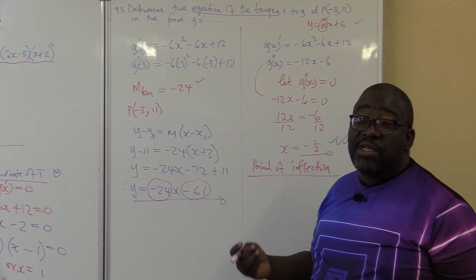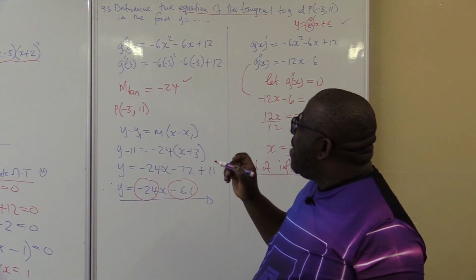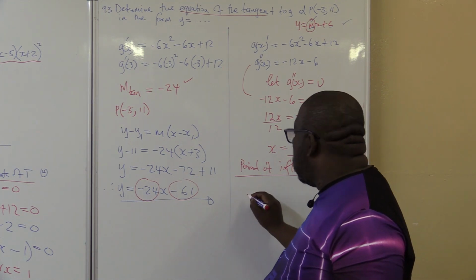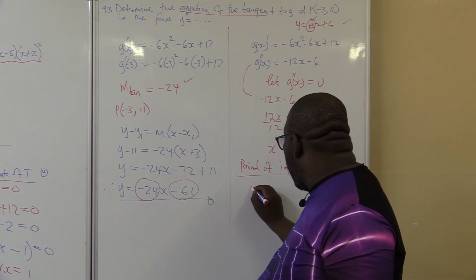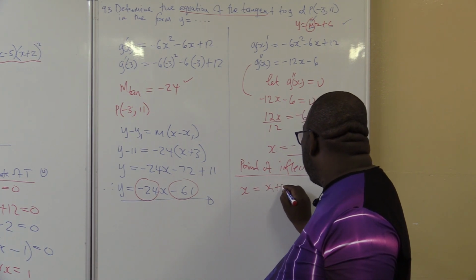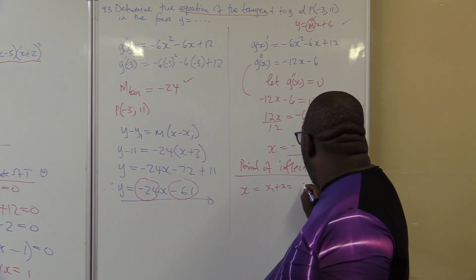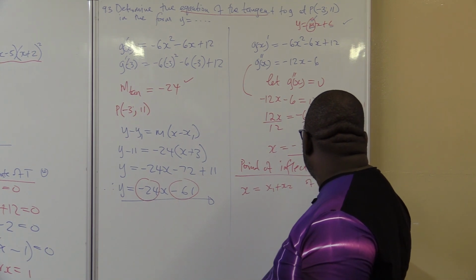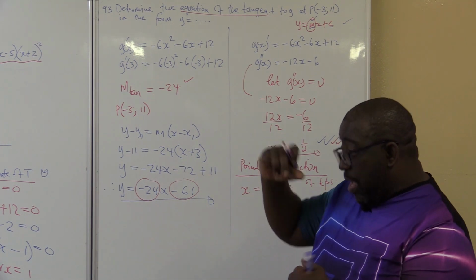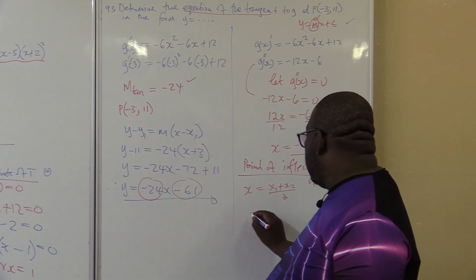Let's see if the other method is correct. What is the first x there? Okay, x is 1. I said x1 plus x2 of the turning points over 2. We find the average of the x-values of the turning points.